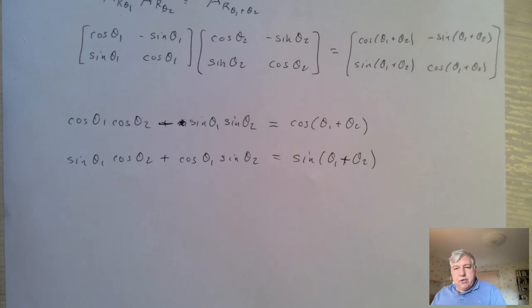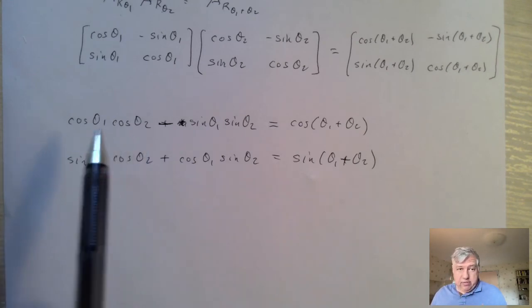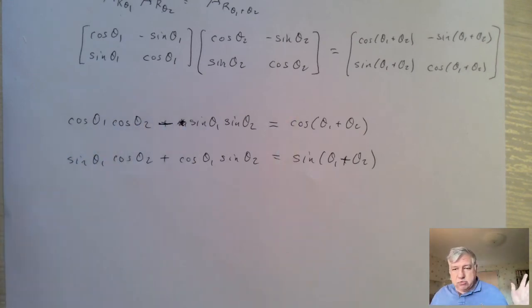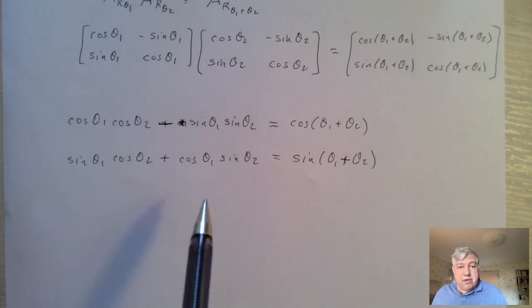So these are those dreaded trig formulas that we had trouble memorizing, right? But now we've essentially derived this from linear algebra and a little basic trigonometry that we used before when we were drawing those circles. And these are nice because now if you let theta 1 equal theta 2, you get some double angle formulas and stuff like that. So a lot of formulas just flow from these.